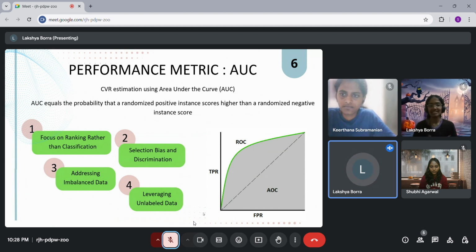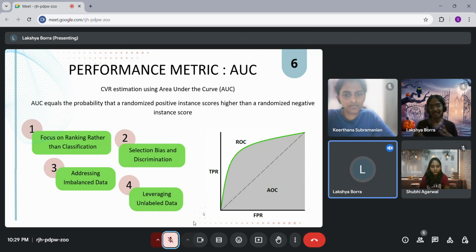The second one is, as we have already discussed, there is selection bias in our data. The user might end up clicking on an ad or might not click on an ad. There's some discrimination, so choosing ranking over classification helps to reduce this. Also, even if the user clicks on the ad, he might not actually end up buying it. Most of the time, he might not end up buying the item.